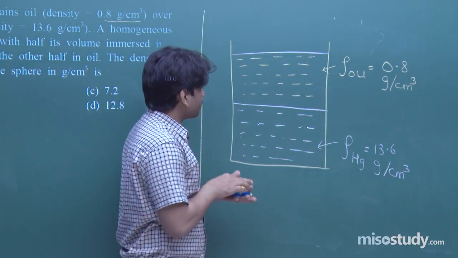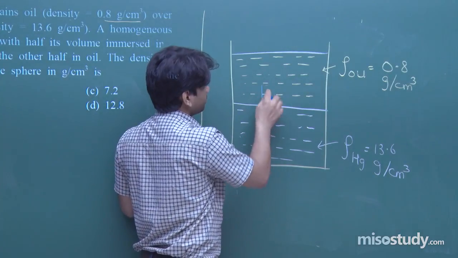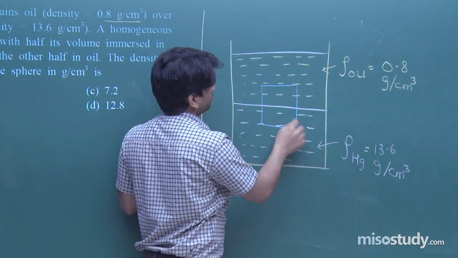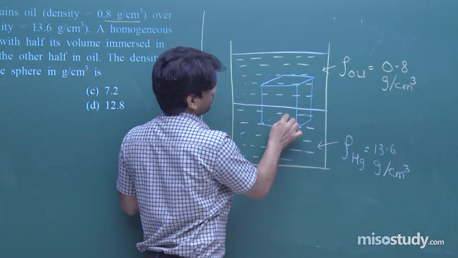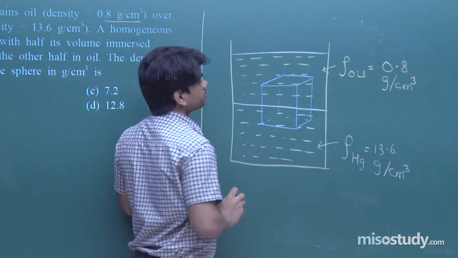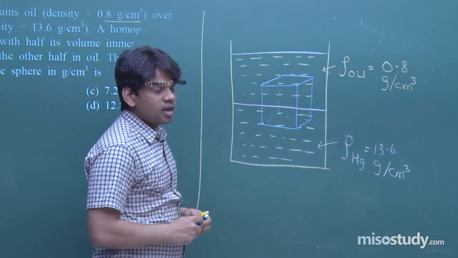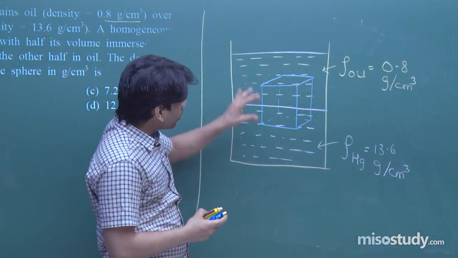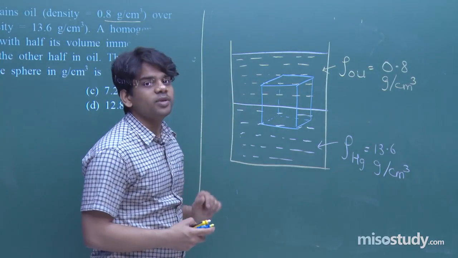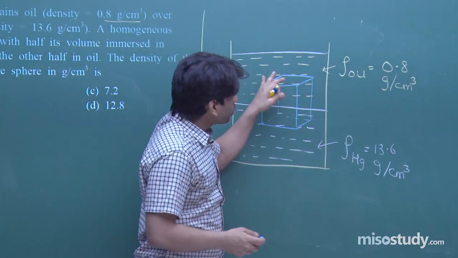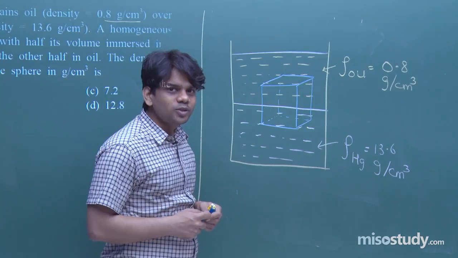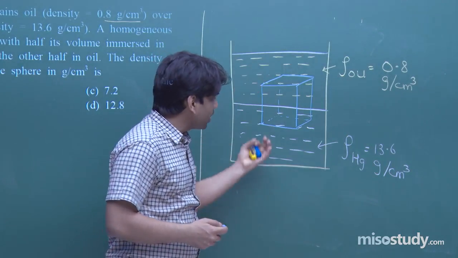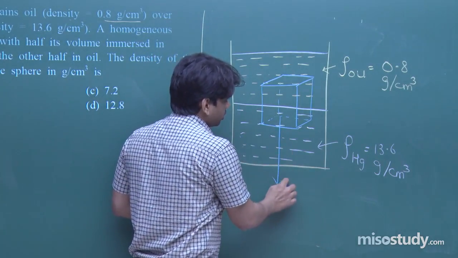So if I draw a sphere which is floating, take it in this way, this is the sphere. Half of its volume will be in oil, half of its volume will be in mercury. Let's say its total volume is V. We can say that the net upthrust will be equal to the net weight acting on the body.